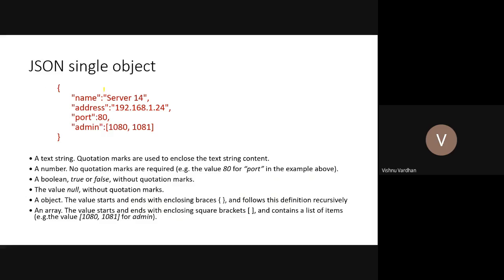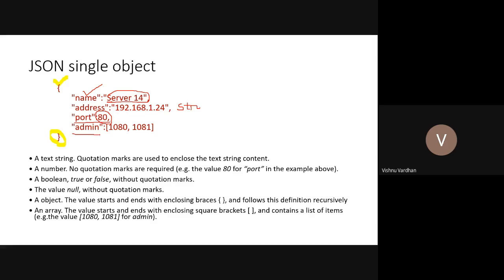So how is the single object going to be shown? You can see this is the starting one. The braces get started, and this is the ending of that particular JSON object. And the name has some value, server 14, and address is again a string, but you can see the port is having a number, so that's why we did not put double quotes.